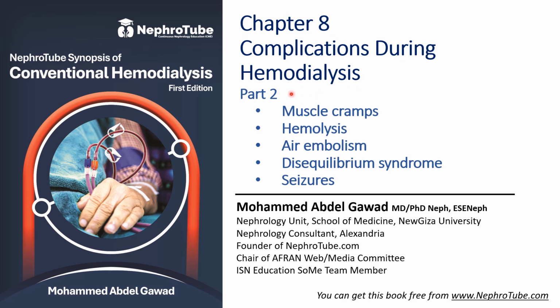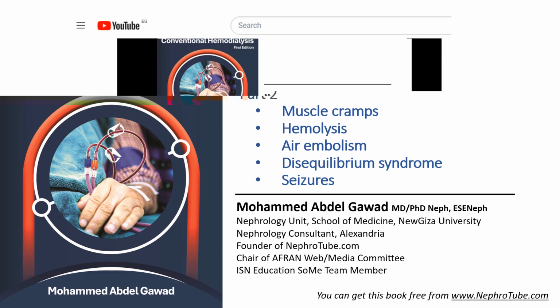We discussed in it intradialytic hypotension and intradialytic hypertension. In this lecture and also in the coming lecture, we will continue the discussion of complications of hemodialysis. In this lecture, we will discuss muscle cramps, hemolysis, air embolism, disequilibrium syndrome, and seizures.